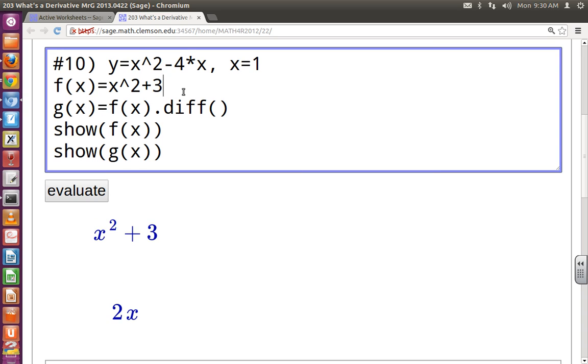Let's see. Let's put it right here. What if I said times x to the 0? What happens to this exponent when you differentiate? What happened to this one? It came down in front and you subtracted 1 from it, right? So what happens to this one?